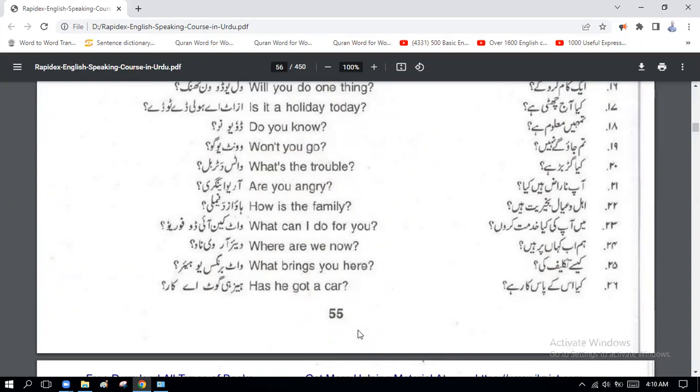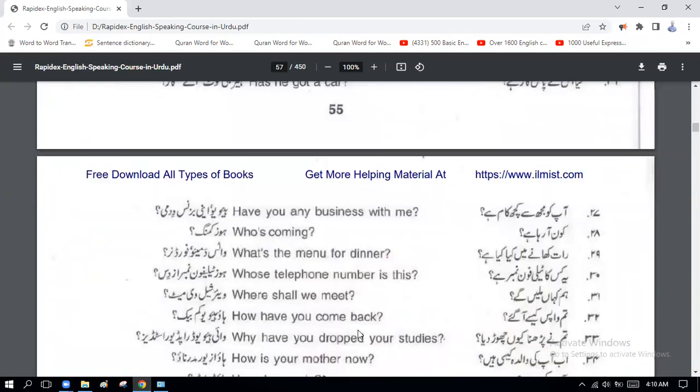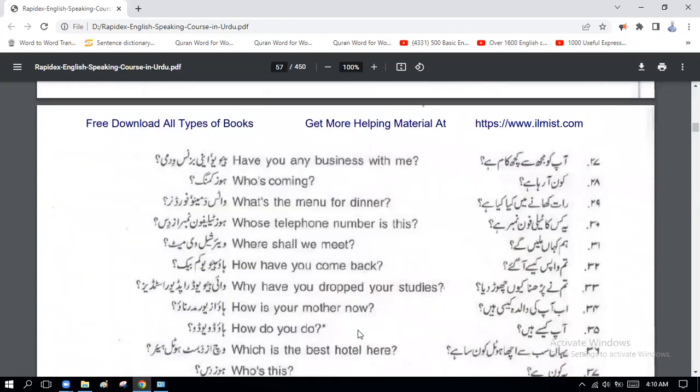What brings you here? Has he got a car? Some more sentences. Have you any business with me? Who is coming? What is the menu for dinner? You may say menu or menu. What's the menu for dinner?